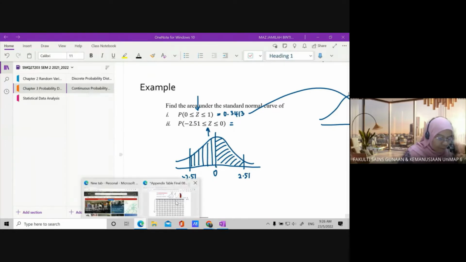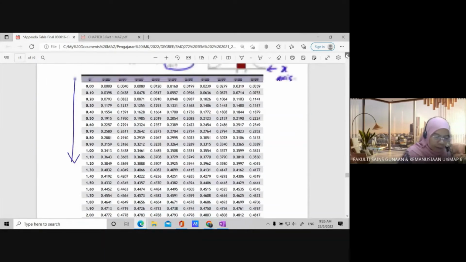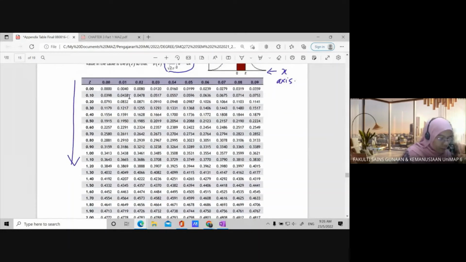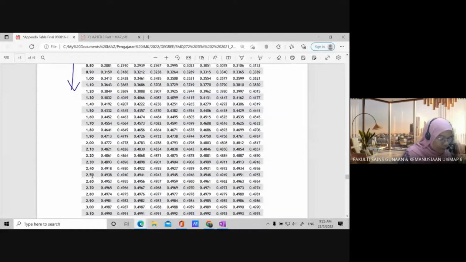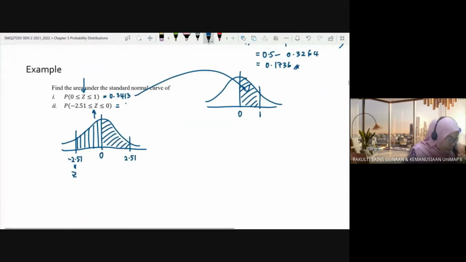For 2.51, 1 is the second column, so it will be 0.4940. Okay, class? Did you get it? Understand everything?